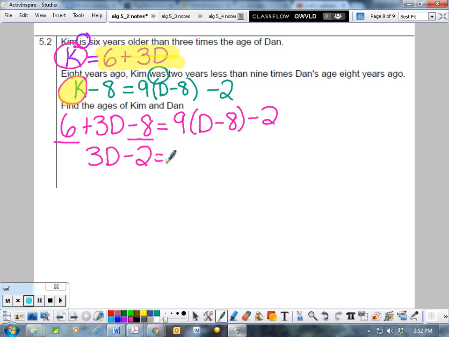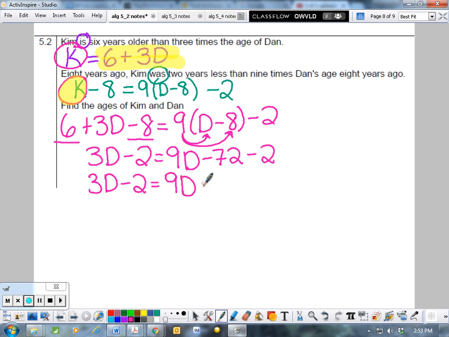On this side, I need to distribute that 9 inside. So now I get 9D minus 72, and then minus another 2. I combine those, so now I have 3D minus 2 equals 9D minus 74.